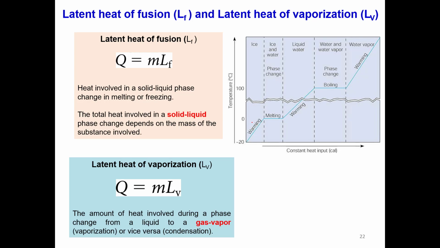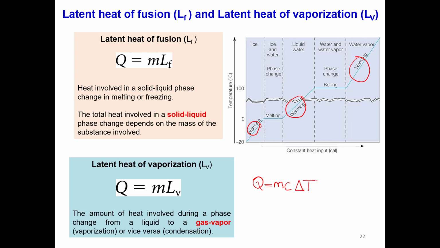We know how to calculate the heat if there is a change in temperature; we can apply this equation. We need to know the mass of the substance, the specific heat, and the change in temperature. Then, in this portion of the graph, we can apply this equation.